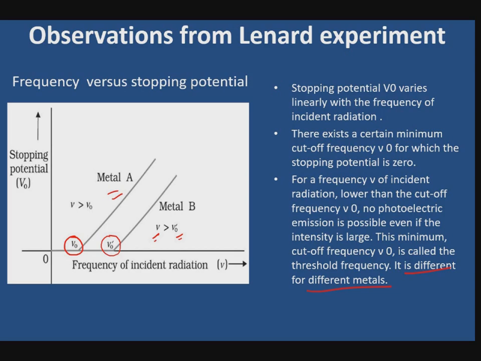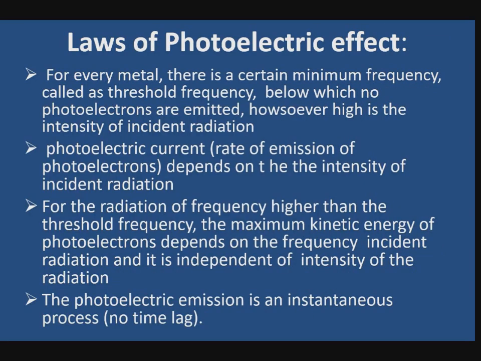So on the basis of the observations made from the Lenard experiment, Lenard and Halbach experiment, we come to some conclusions, and those conclusions were termed as laws of photoelectric effect. So these are some observations.